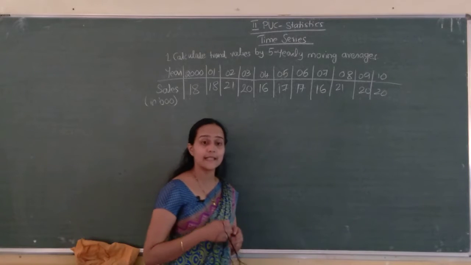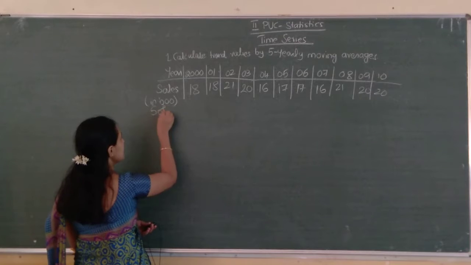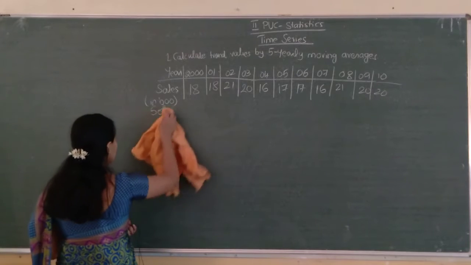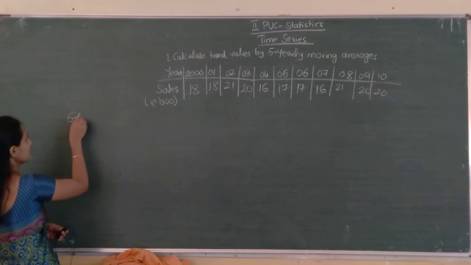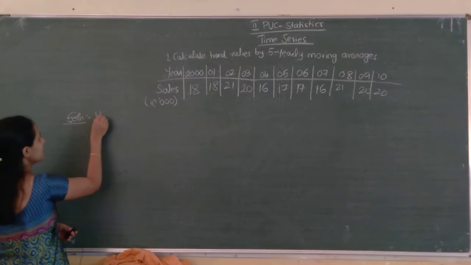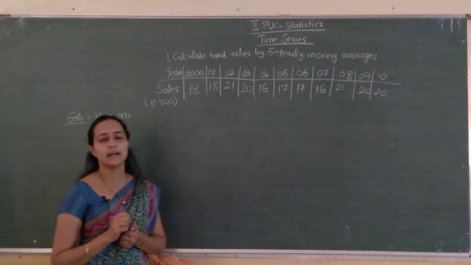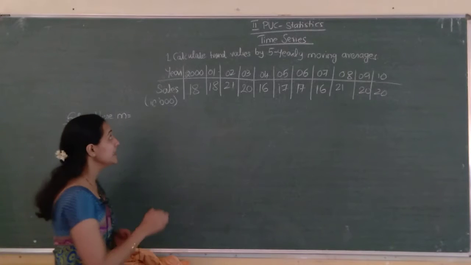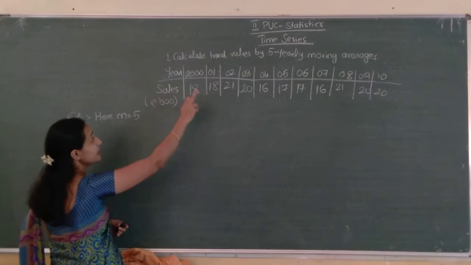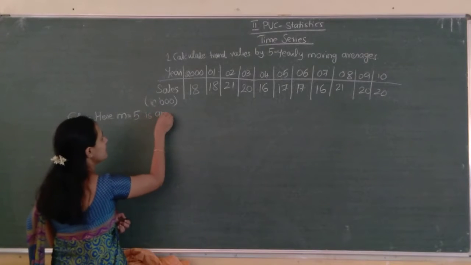You have to write the procedure first. In every problem you have to write the procedure. So, solution. Here you have to write the period of moving average. I am taking the period of moving average as small m. m equal to 5, since 5 yearly moving average I have to compute, is an odd number.